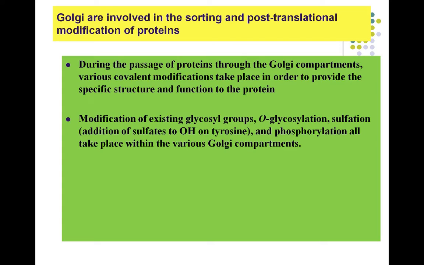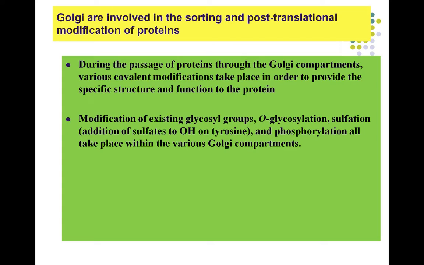Okay. Now, aside from the addition of sugars, there are also other things that happen within the Golgi compartments, covalent modifications that allow proteins to have specific structure and function after they are released from the organelle.